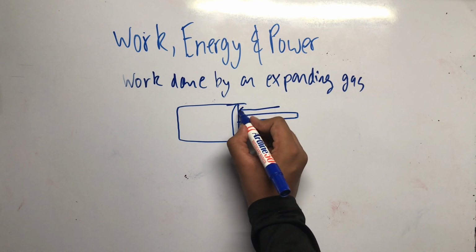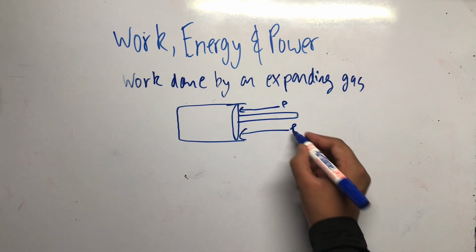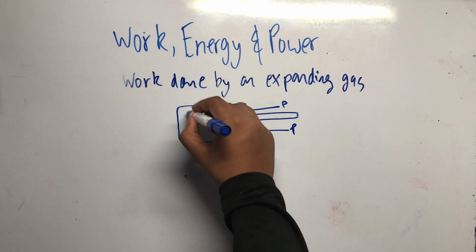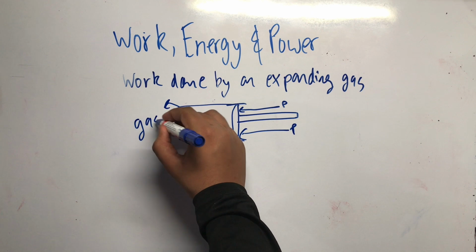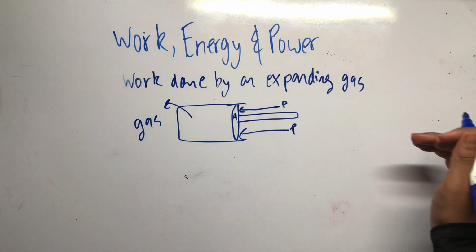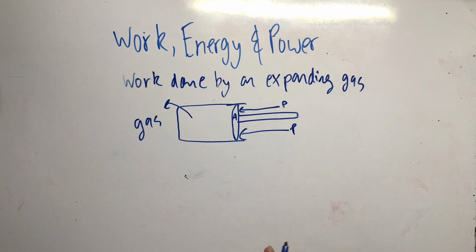The pressure is constant in this direction, and the piston is filled with some gas, and this is the cross sectional area of the piston. So we know that we are exerting a constant pressure in this direction and gas is filled in the piston.